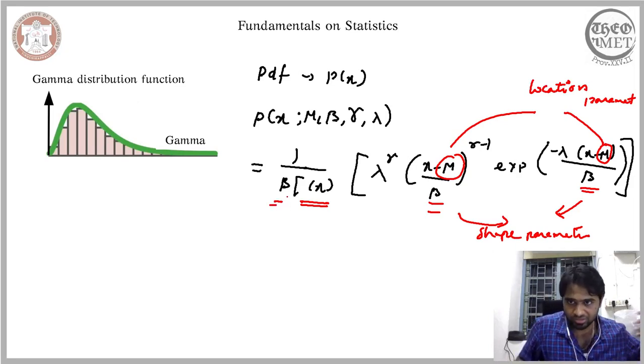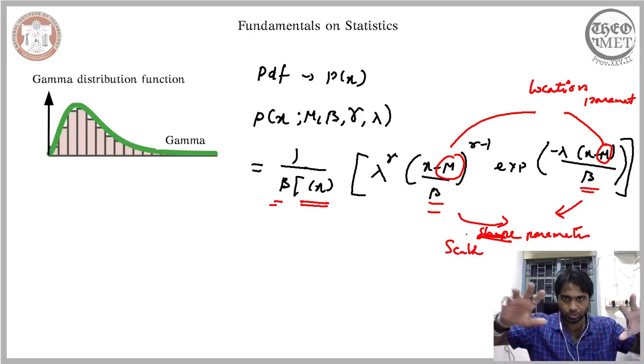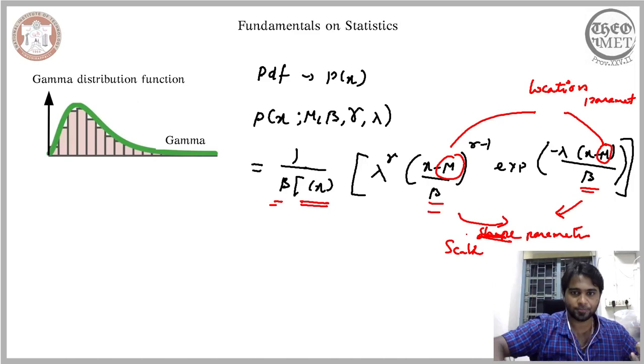So the mu governs the location of your curve, where your curve is being positioned, and beta is the scaling parameter, not the shaping but the scaling parameter. This is something that we have also seen in the exponential curve. So we have a scaling parameter and a location parameter similar to the exponential distribution.